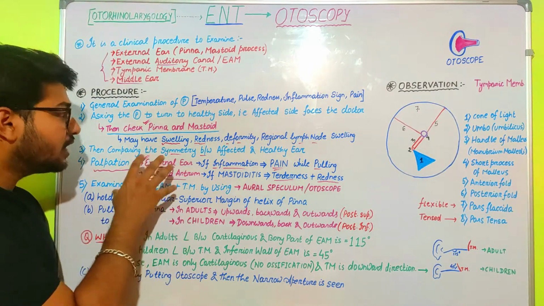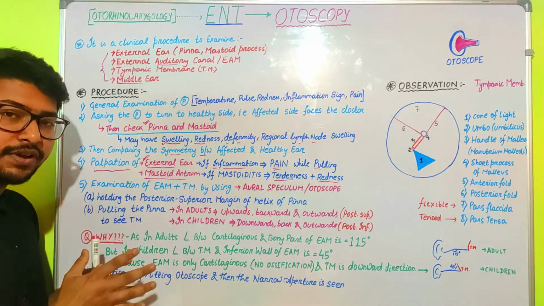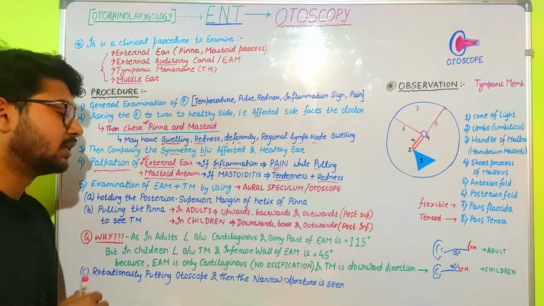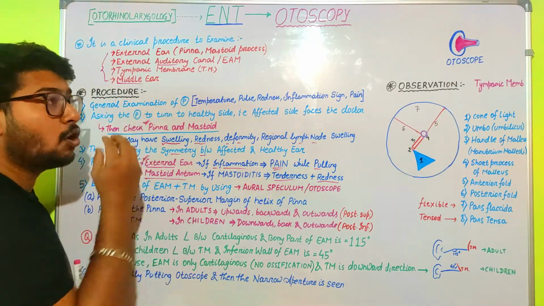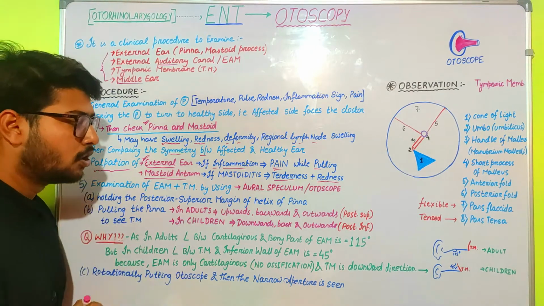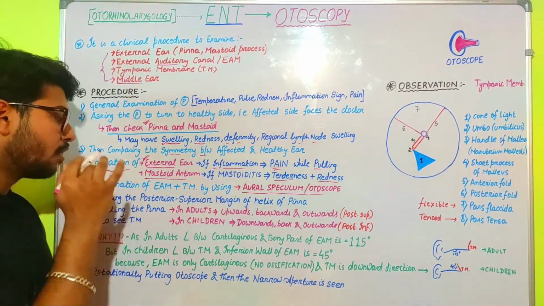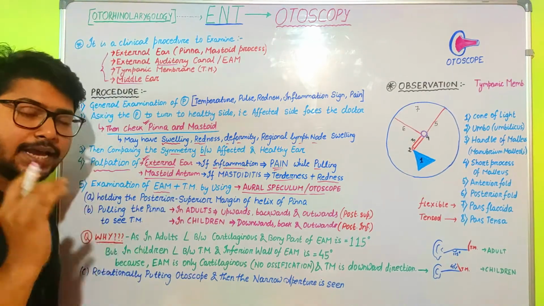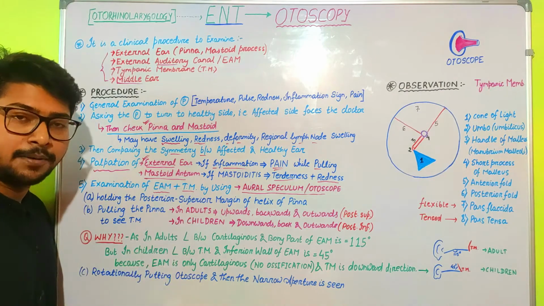These are the main procedures that the doctor is going to perform, observation and palpation. Next comes the instrumental method, that is the main otoscopy, where we are going to use the otoscope. The ear speculum or the otoscope will be used for examination of the external acoustic meatus and the tympanic membrane.